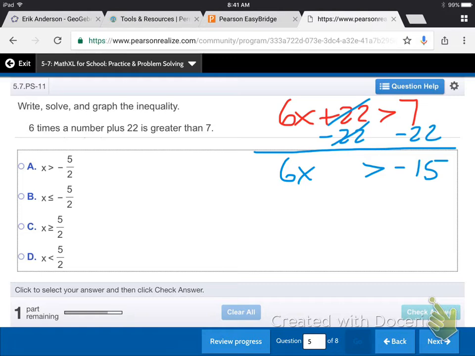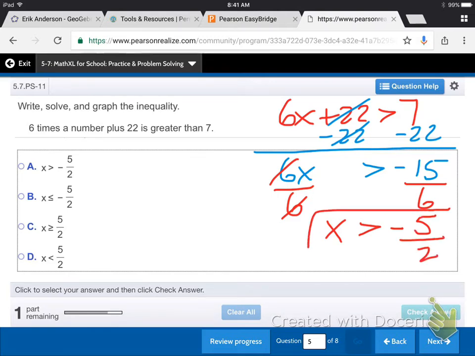Now our last step is to divide by the coefficient of the variable, which is 6. 6 over 6 cancels into 1 and leaves 1x is greater than negative 15 over 6. Let's divide 15 and 6 by the GCF, which is 3. 3 goes into 15 5 times, and 3 goes into 6 2 times. There's your answer right there.